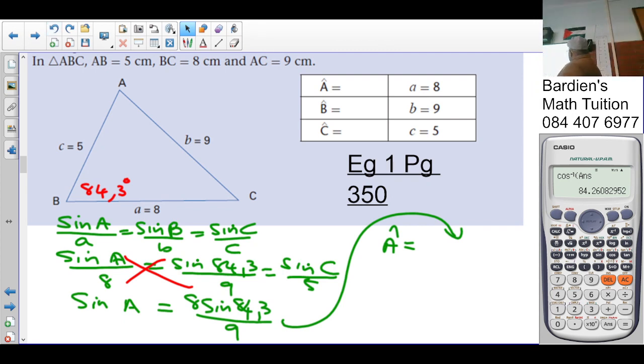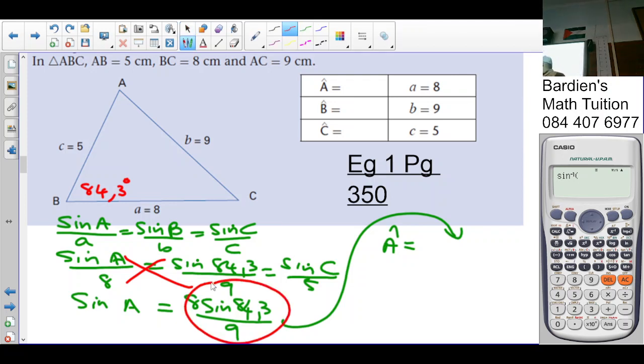Could this be the ambiguous case? No, because the cos rule is already eliminating that. Okay, that's over 9. Give me an answer: 62.2 degrees. Can you see that, people?